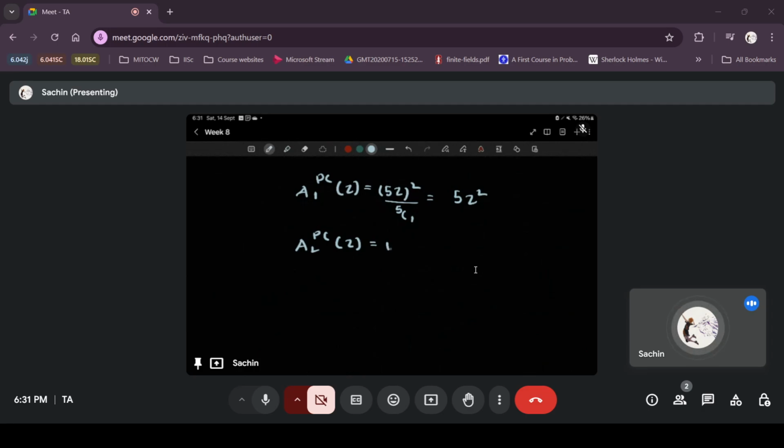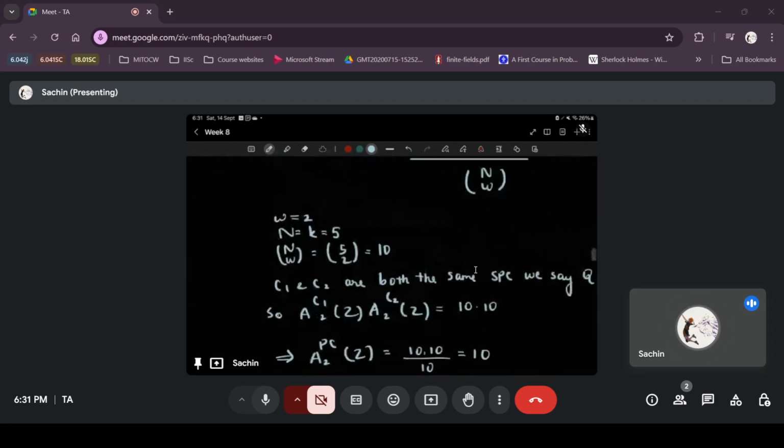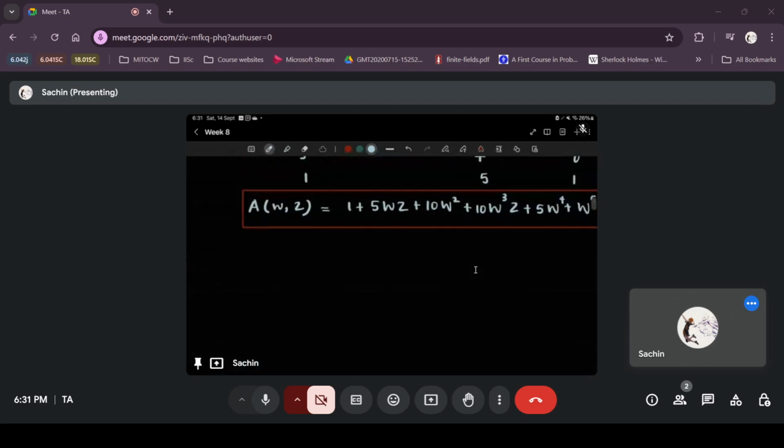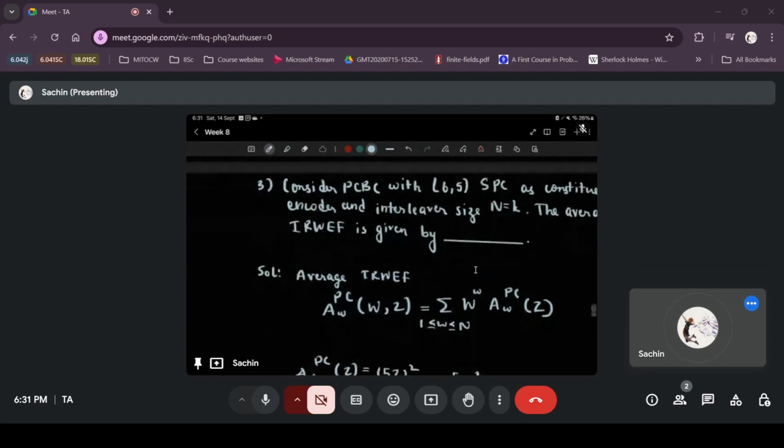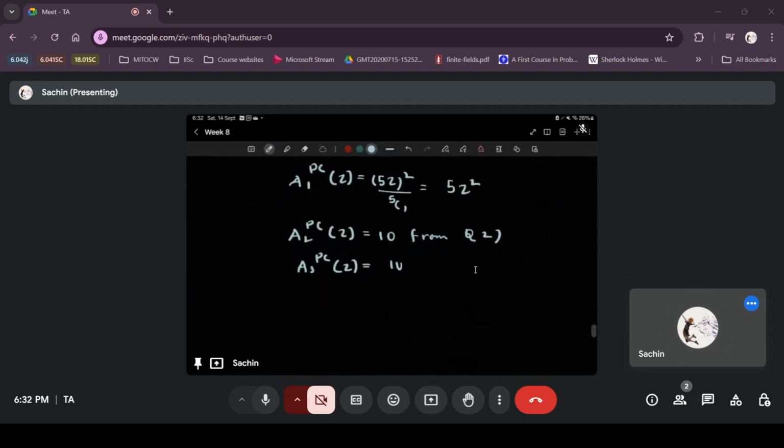It was 10, from question 2. A3 PC of Z will be 10Z square divided by 5C3, which is equal to 10. So 10Z square by 10 is Z square.